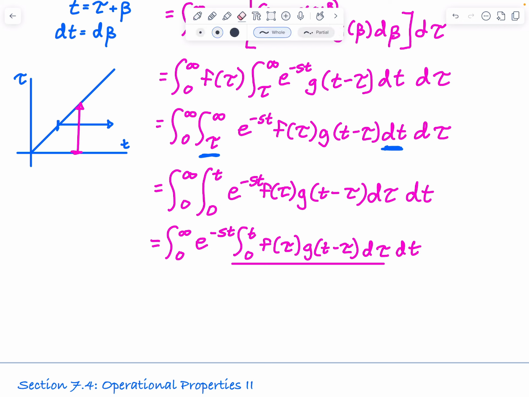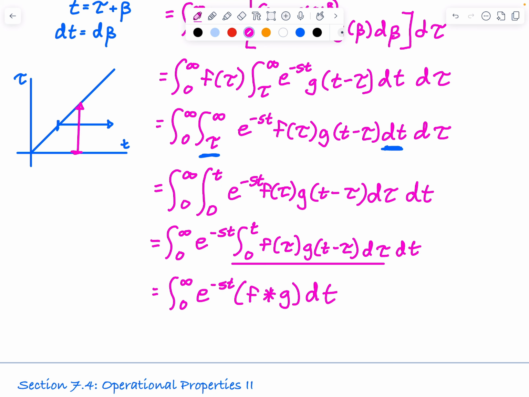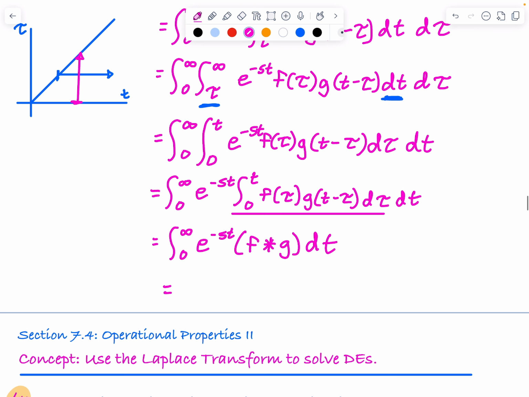This is a t. That is the definition of convolution. So this is 0 to infinity of e to the negative st and the convolution of f and g. All right, well, if you look, that is actually just the Laplace of f convoluted with g.